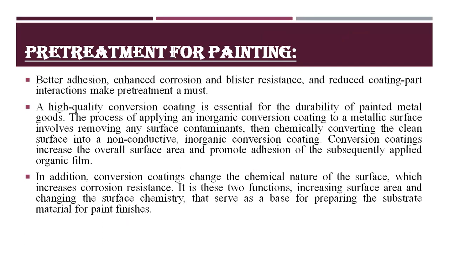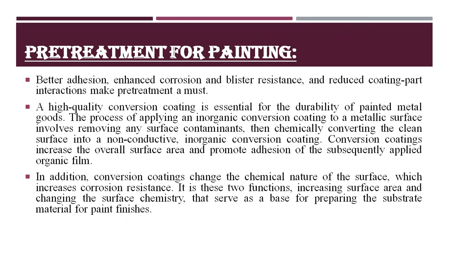Better adhesion, enhanced corrosion and blister resistance, and reduced coating part interactions make pre-treatment a must. A high quality conversion coating is essential for the durability of painted metal goods. The process of applying an inorganic conversion coating to a metallic surface involves removing any surface contaminants.